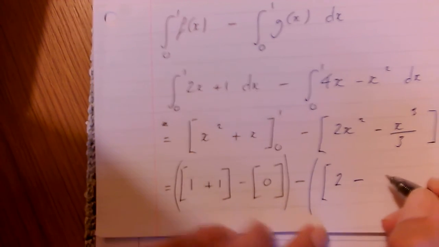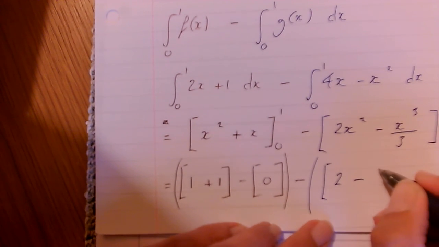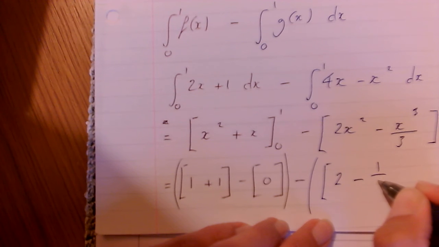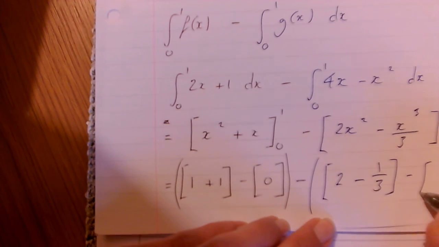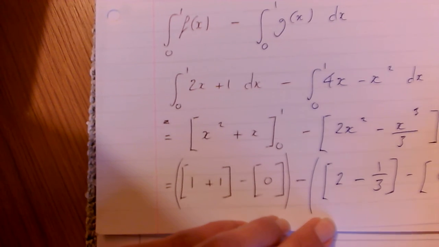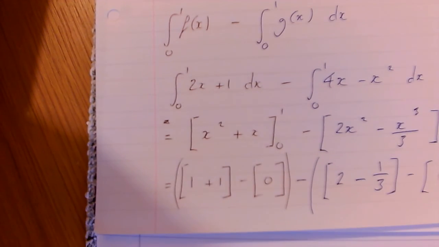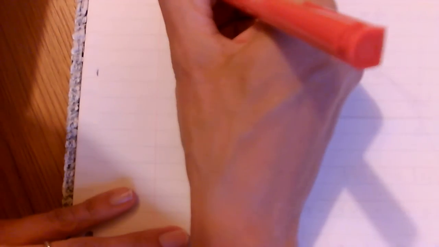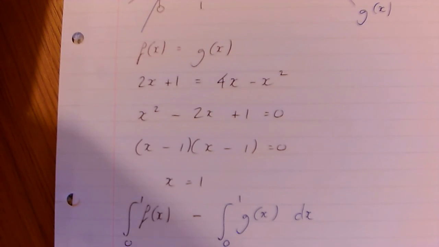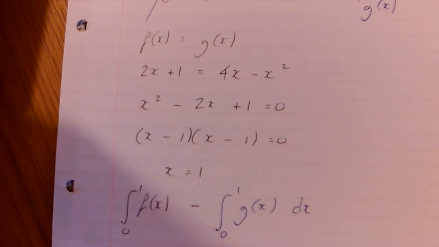Taking away 1/3, and then putting 0 in is obviously just going to give me 0. Obviously we know it's not always the case. So 1 and 1 is of course just 2, so the black bracket is going to equal 2. Taken away, and the blue bracket, 2 take away 1/3 is 1 and 2/3.